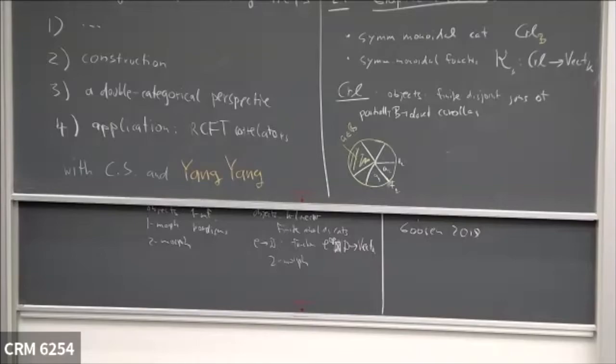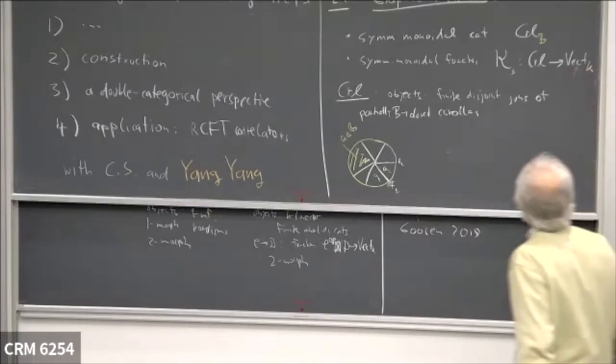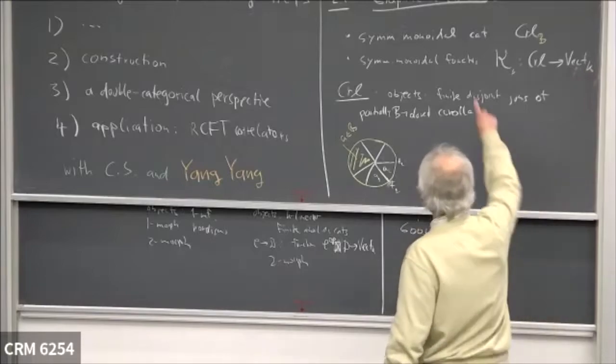And now to such a corolla, we want to associate a vector space to get the object map for this functor.